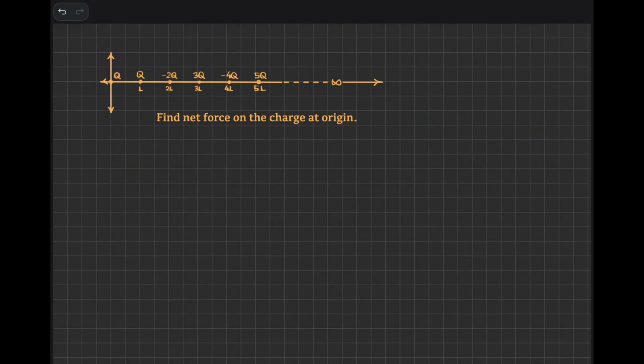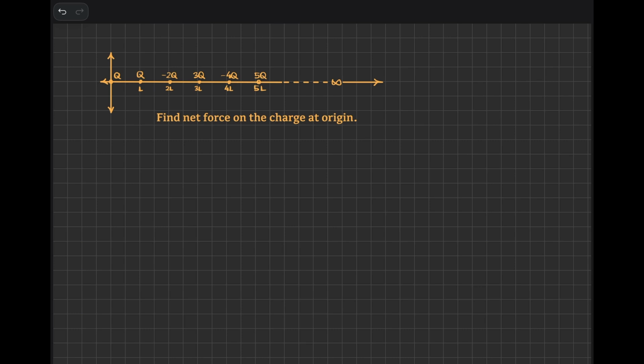Coming to this question now, we have been given an arrangement of charge. Here at the origin we have a charge q, but beyond that there is a specific arrangement, and we can see all the odd charges are positive and all the even charges are negative, and the series goes on till infinity.